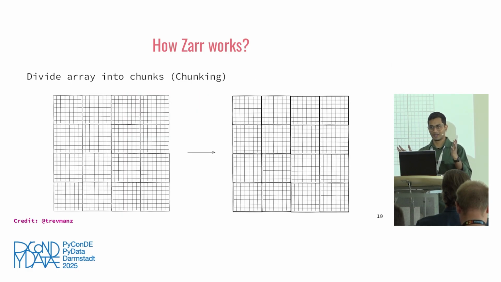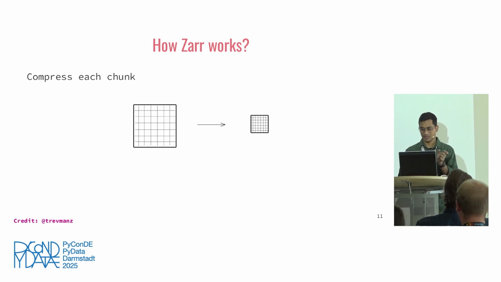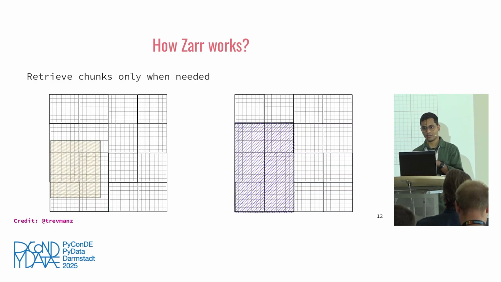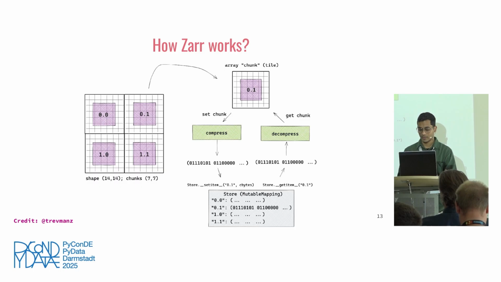It divides your big array into small parts, known as chunks, and compresses each chunk into small sizes so that the large array gets reduced. The retrieval works in a way that only the desired chunk will be loaded into your memory, not the whole array. Every chunk is assigned a key for identification and retrieval purposes, and the value is the data stored in it in a binary format.